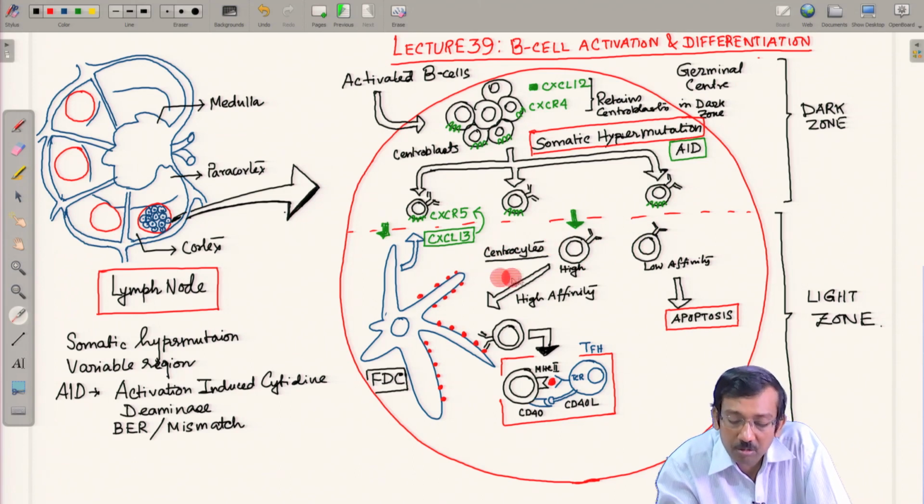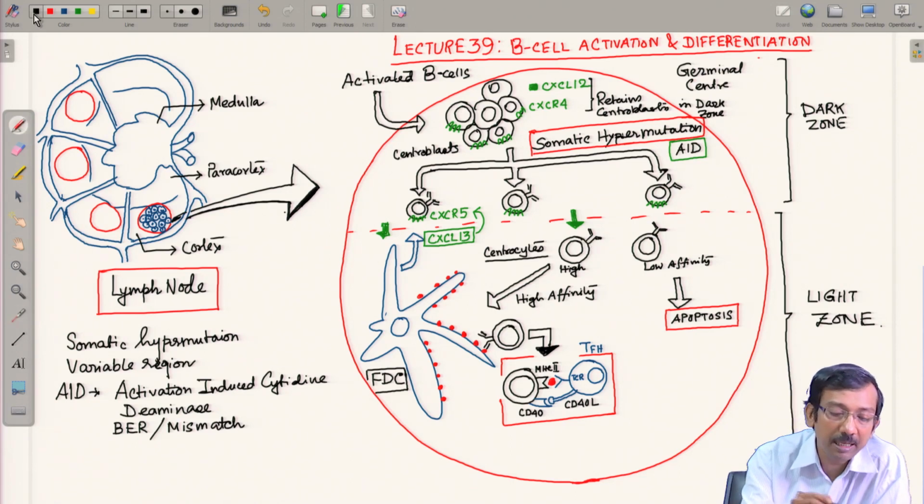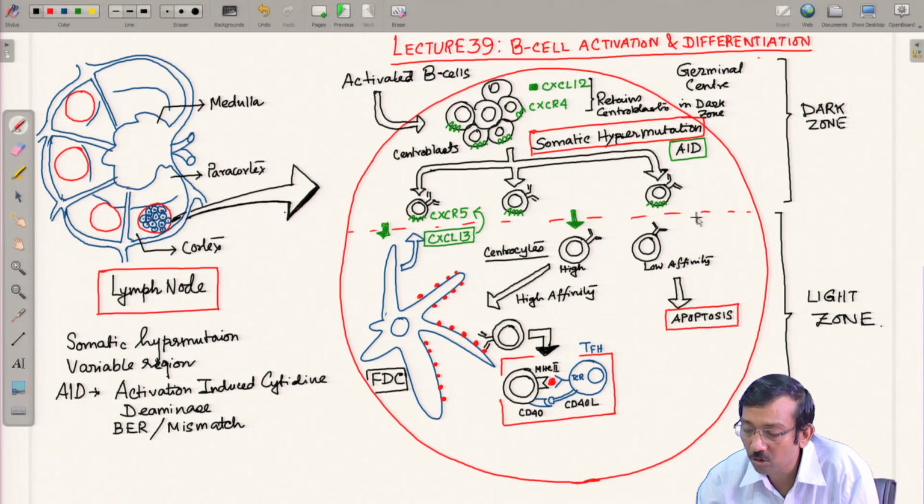Now, these centrocytes either can have a high affinity or a low affinity. Then it needs a selection. So, then there is an affinity maturation or affinity selection process.